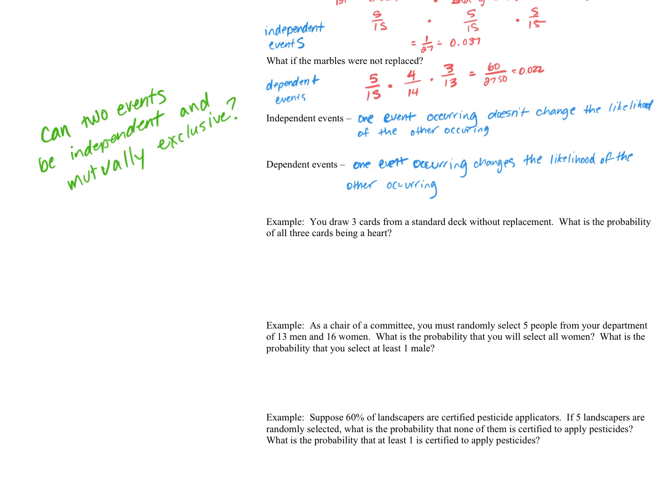So two events cannot be both independent and mutually exclusive, because I know for sure that the second event can't occur if the first one has. Does that make sense? That is not something you're going to be asked on a test, but the big conceptual understanding of these two things is why we think through this question.